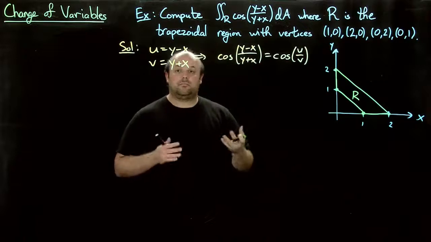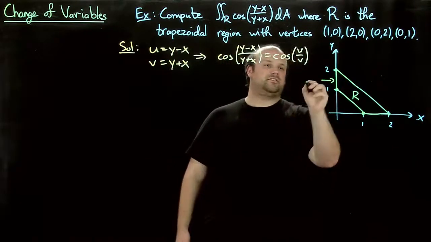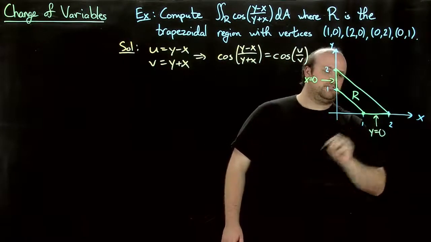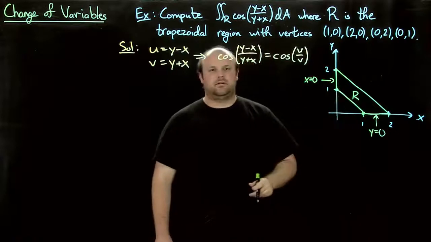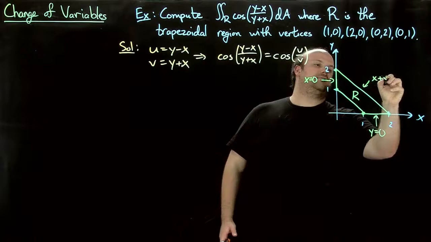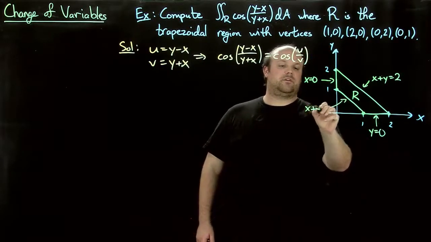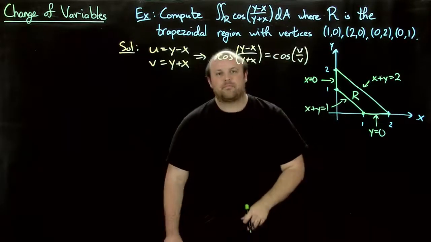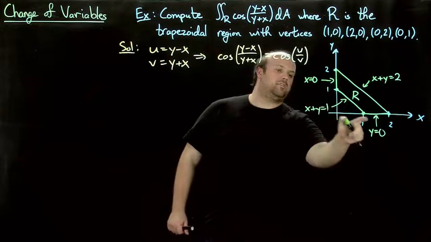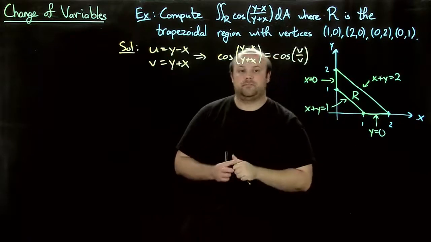Well, what are the boundaries of R? This line here is just x equals 0. This one here is y equals 0. But what about these two? You might recognize these as x plus y equals 2, and this one is x plus y equals 1, because they go from 0, 1 to 1, 0, and 0, 2 to 2, 0.